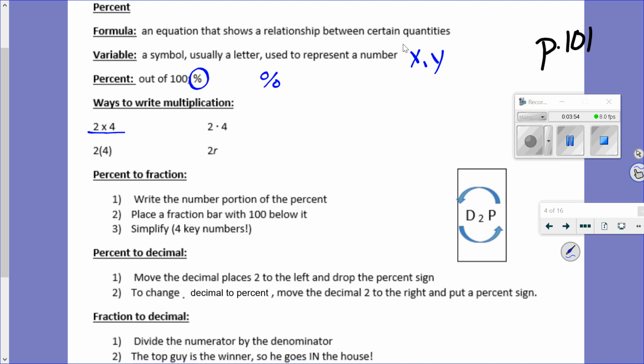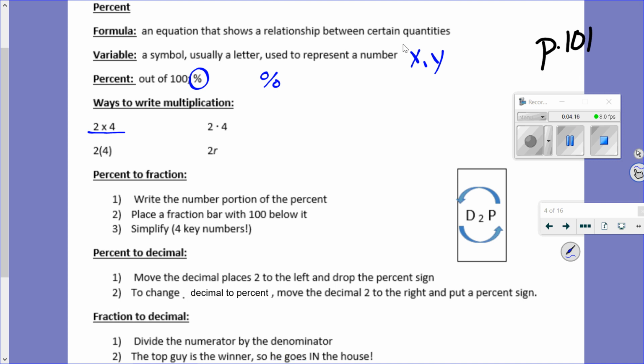But what did we just say? Now it looks like a variable. And so we can't use x anymore because it looks like a variable. Literally, when Ms. McShann and I are looking at your paper, we don't know if you mean 2 times some quantity x times 4, or if you're just saying 2 times 4. It makes a big difference. Okay?